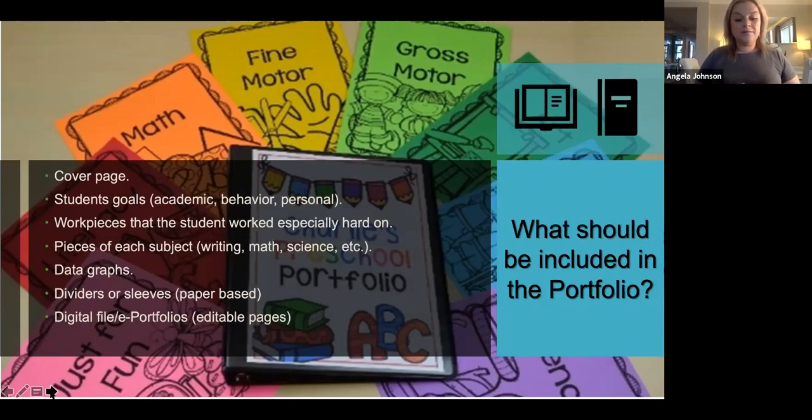Personal could also be needing to call the teacher when he or she needs to go to the restroom. Those are specific goals, and they're very small sometimes. They might be little for an adult, but they might be very big for a child.